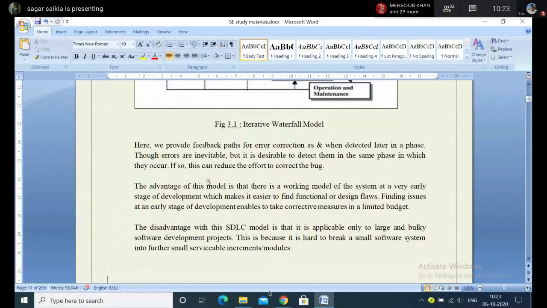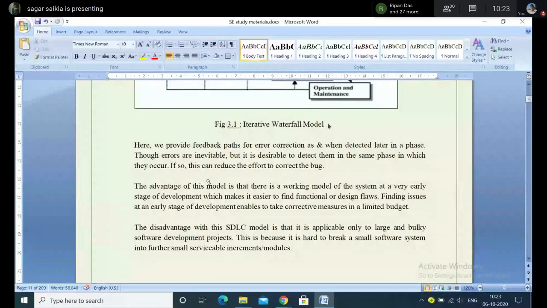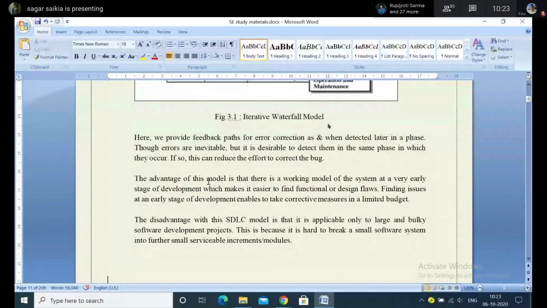If we are targeting to build a very bulky, large software project, building the entire system in one go becomes very difficult. So that is one of the constraints of the iterative waterfall model.